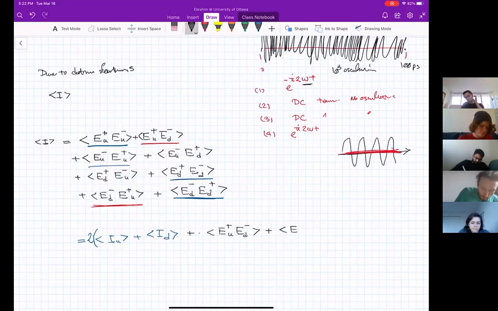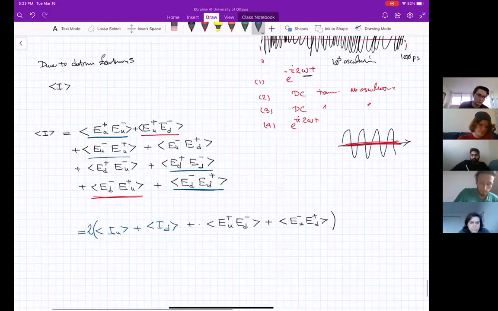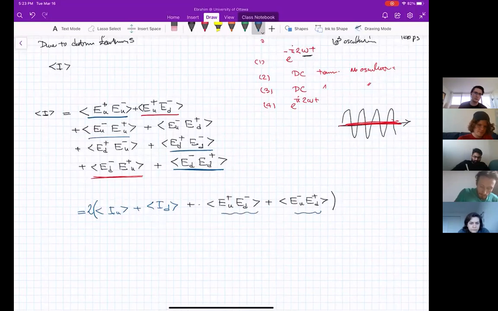E negative U, E positive D. Okay, do you agree that this is the complex conjugate of that one? Do you agree?